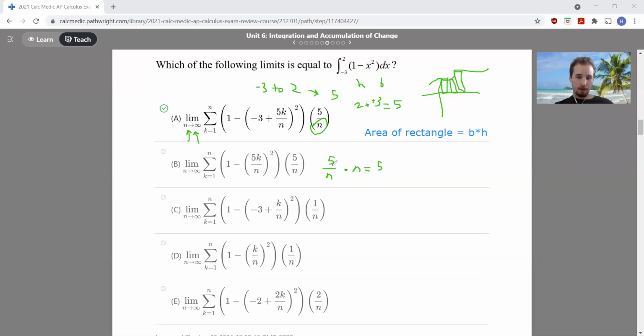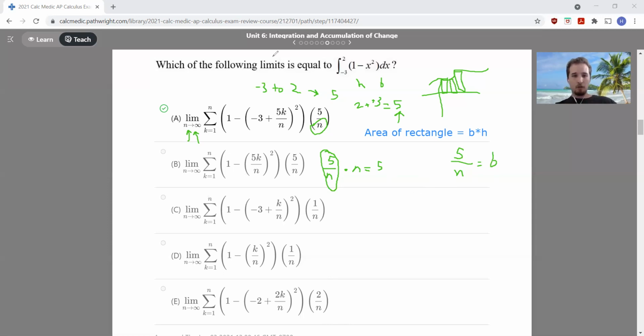That way, when you have n rectangles, it's going to be equal to 5, the total. So we already have our base. Our base is going to equal 5 over n. That's going to be our base, right? And so we've already figured out, well, it's not going to be C, D, or E. Okay, now we need to figure out our height.